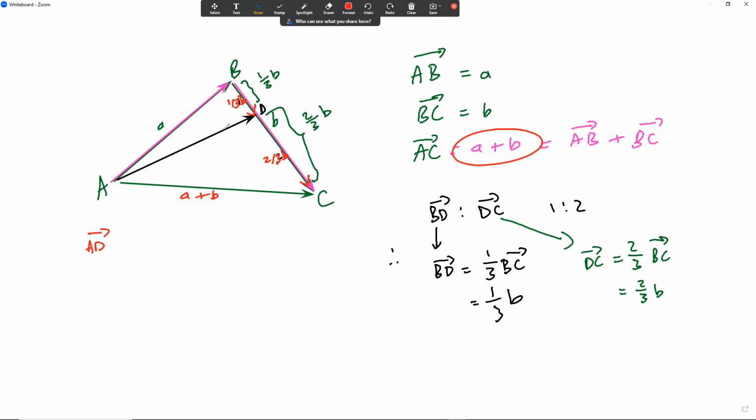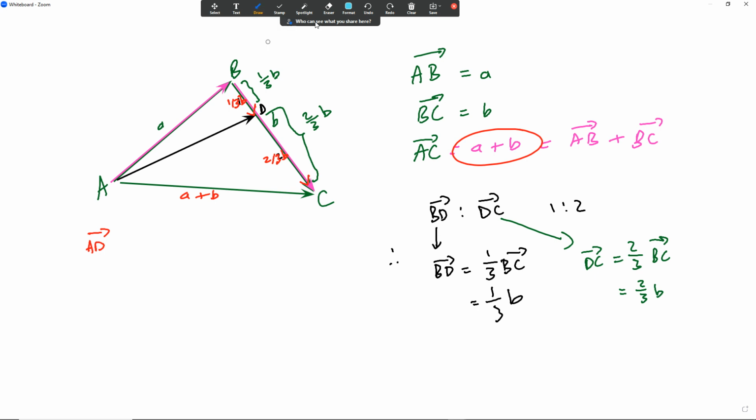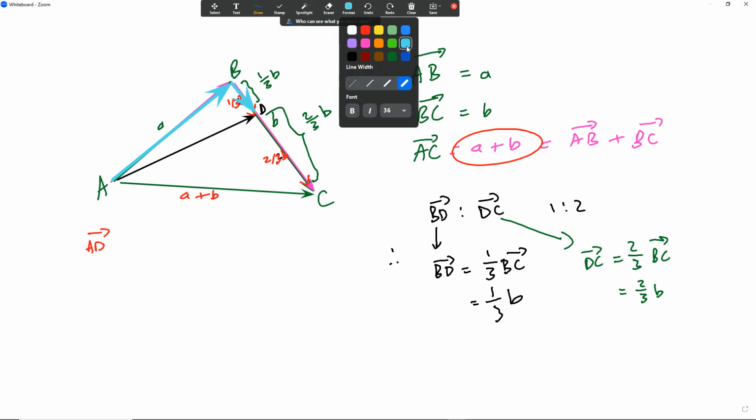If I want to go from A to D, I can travel a pathway. Let's see what pathway I can travel. If I go from A to D, there's nothing on this line. I don't know how to get this. So what I'm going to do is go this way, which is AB. After that, I can do BD like that, right? So let's write that down.